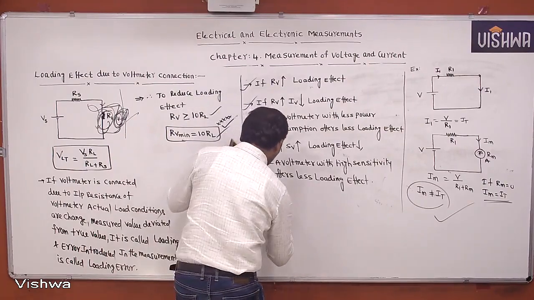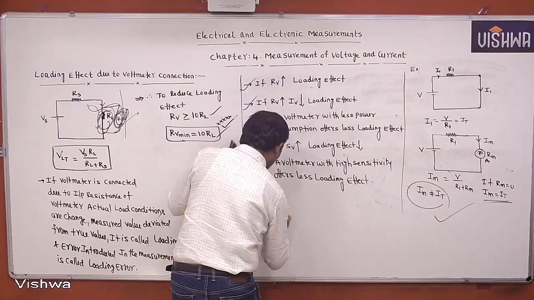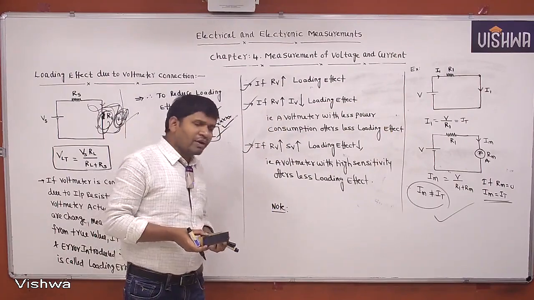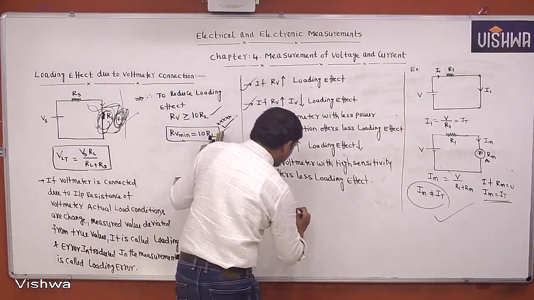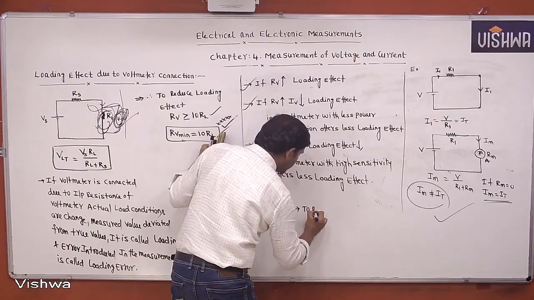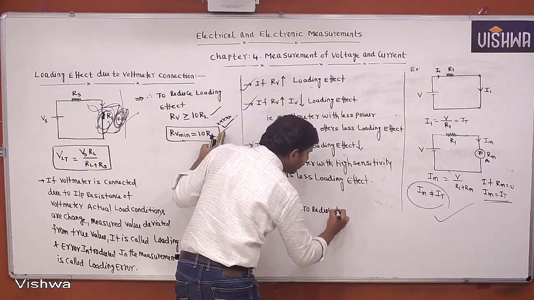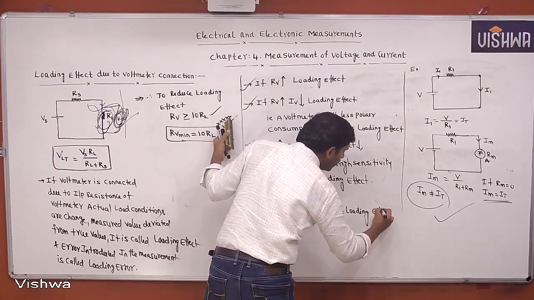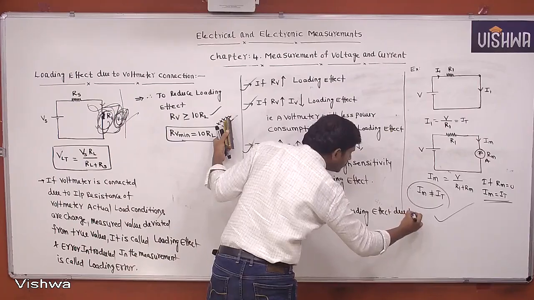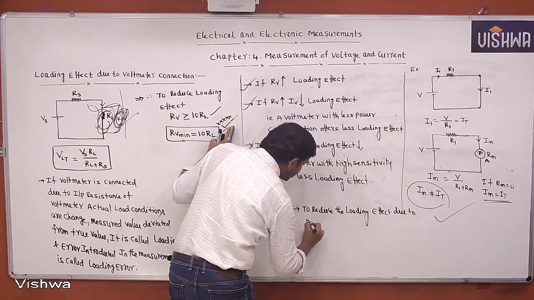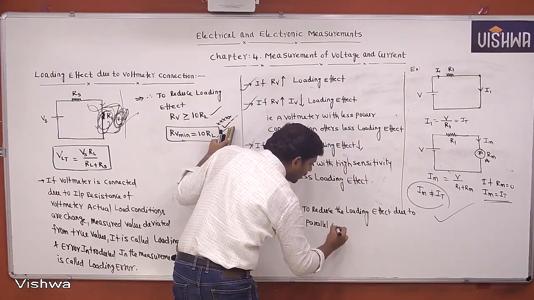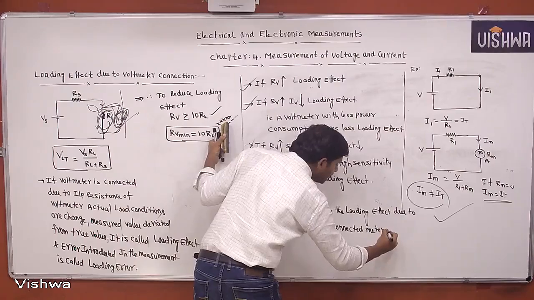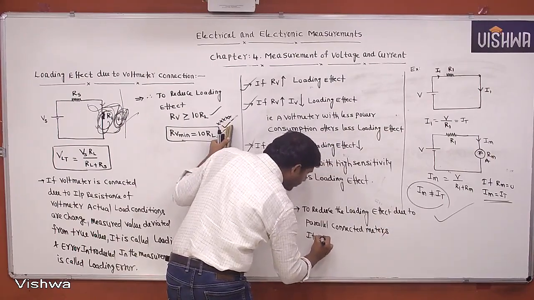Therefore, you write this as a note. To reduce the loading effect due to parallel connected meters, it must have high input resistance.